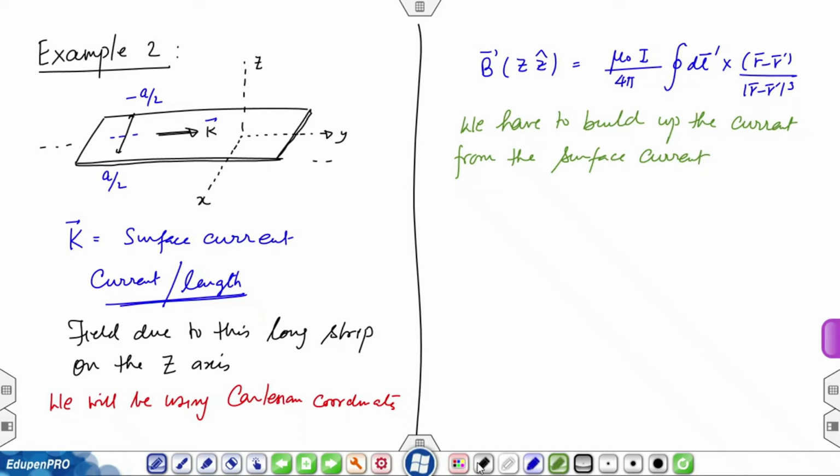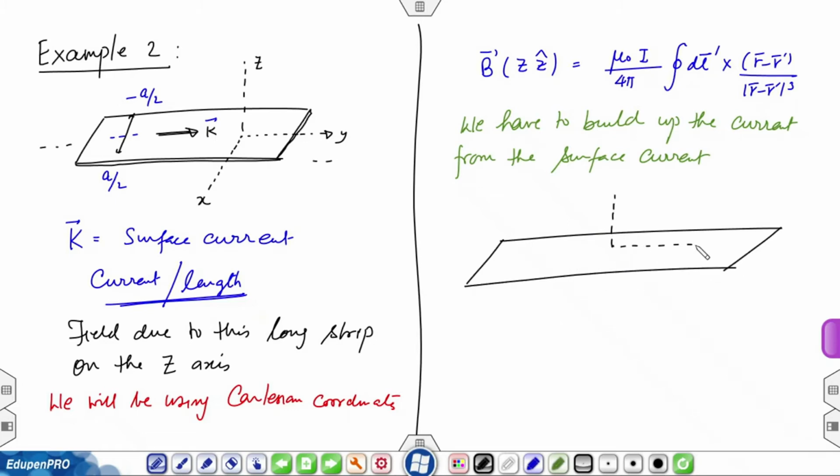So, let us again make this strip. This is the z axis, x, y, z. I will take a small strip at some point x prime, y prime, length dy prime, width dx prime.